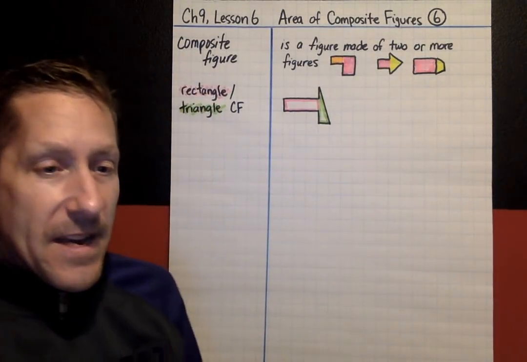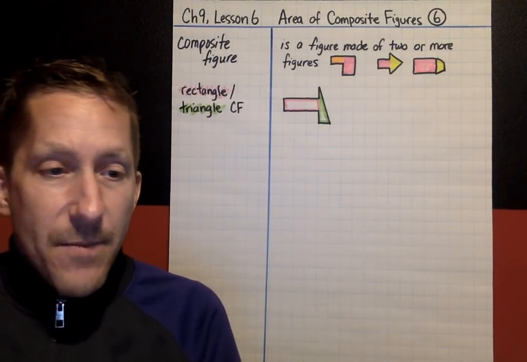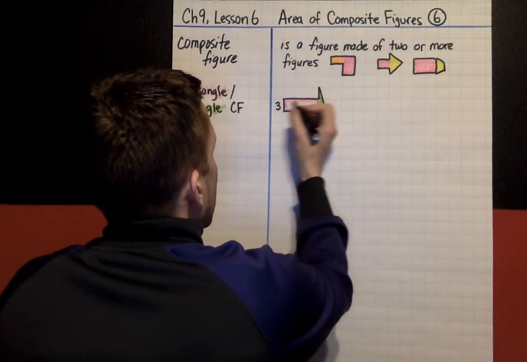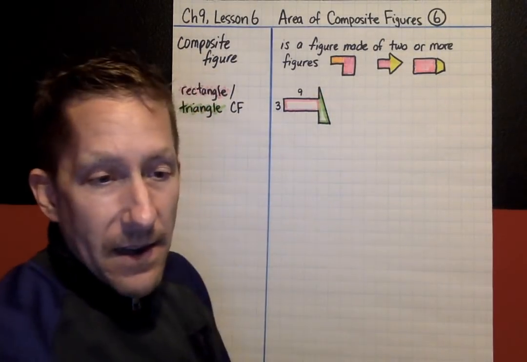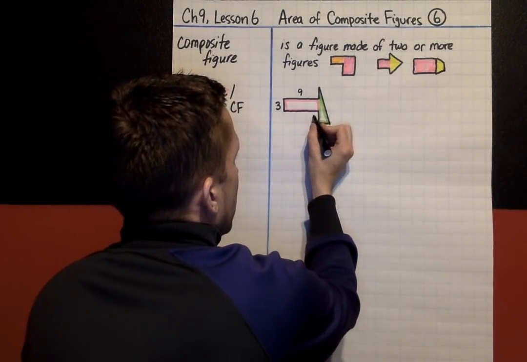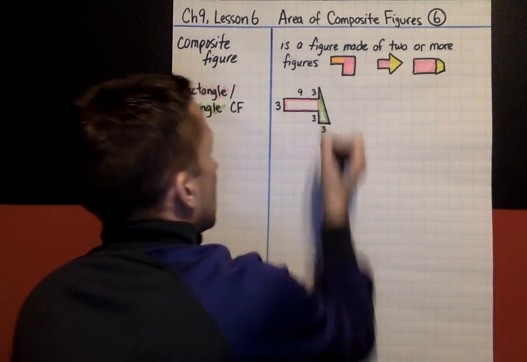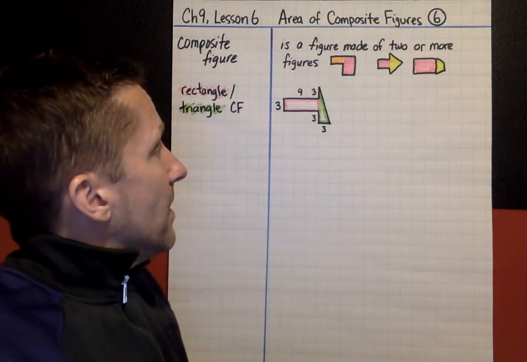And we're going to find the area of that composite figure. Now I'm going to give you some dimensions. This is a 3. This line right here is a 9. This line right here is a 3. This is a 3. And this line is a 3. So there are the dimensions for that figure.